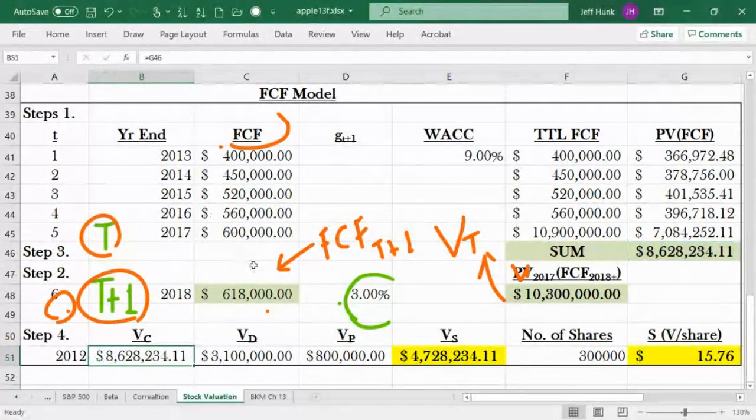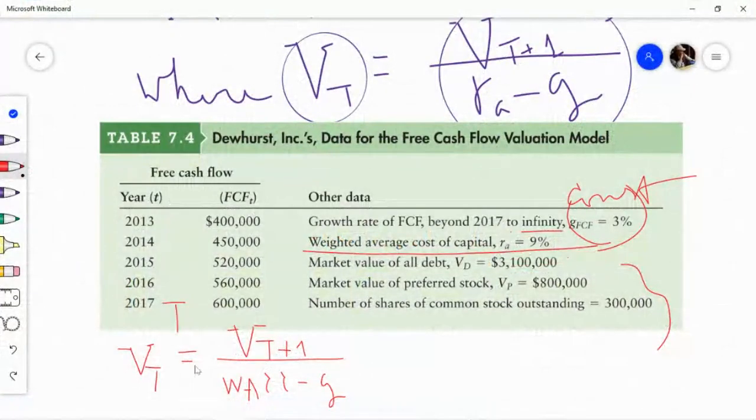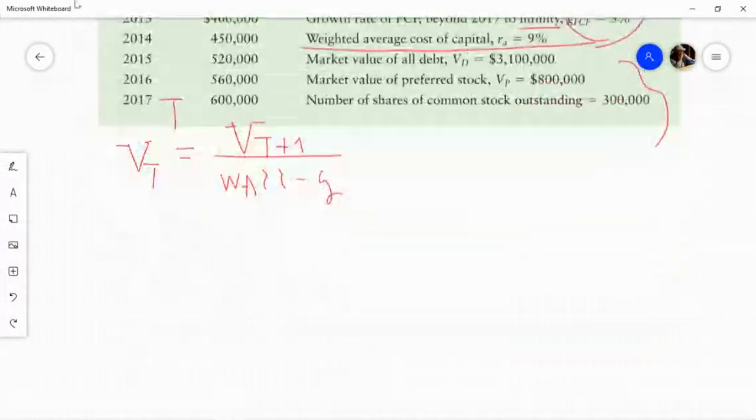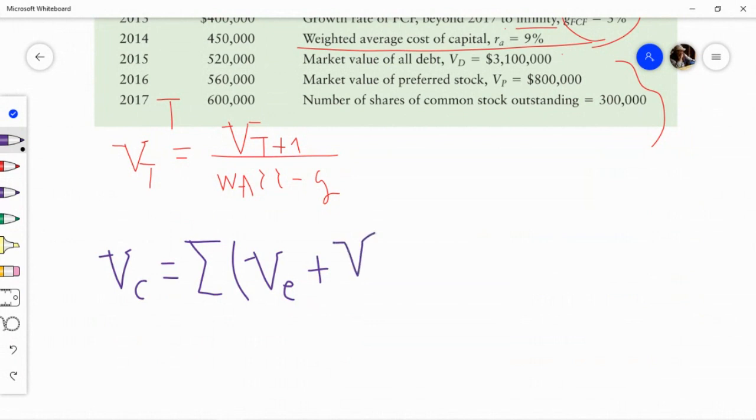Now the next question is, it was already in the slide, but we all understand that the value of the company is the sum of all of these things: value of equity plus value of the preferred stock plus value of the debt.